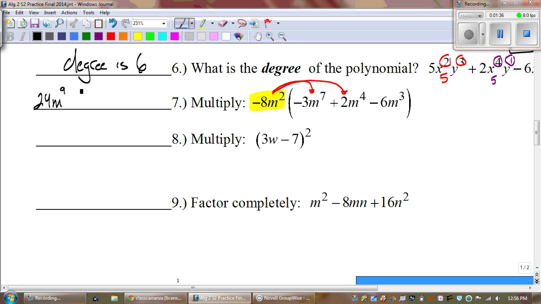Negative 8 times positive 2 gives us negative 16. And once again, we add the exponent. So that's a 6. All right, and then negative 8 times negative 6 gives us a positive 48. And then we add the exponents. 2 plus 3 is 5.